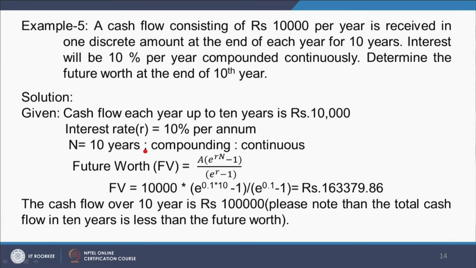So, when we put values in this equation, the value of A is 10,000, and this is e to the power 0.1 into n is equal to 10, minus 1, and divided by e to the power 0.1 minus 1, it comes out to be 1,63,379.86. The cash flow over 10 years is only 1 lakh. Please note that the total cash flow in 10 years is less than the future worth.